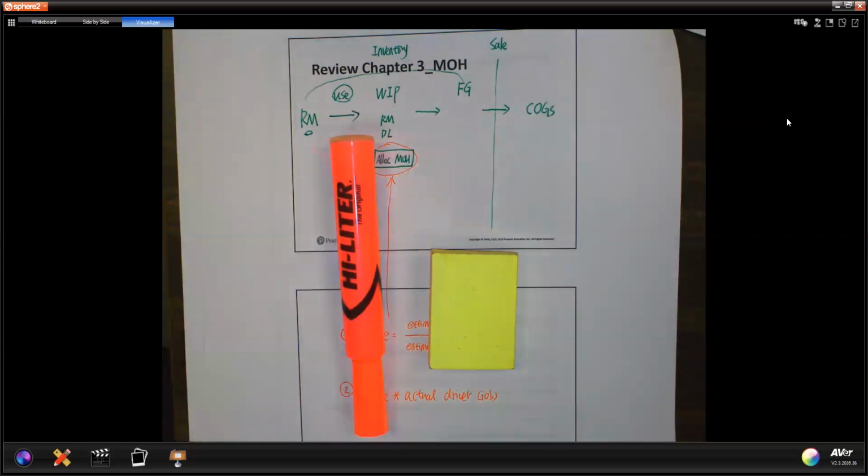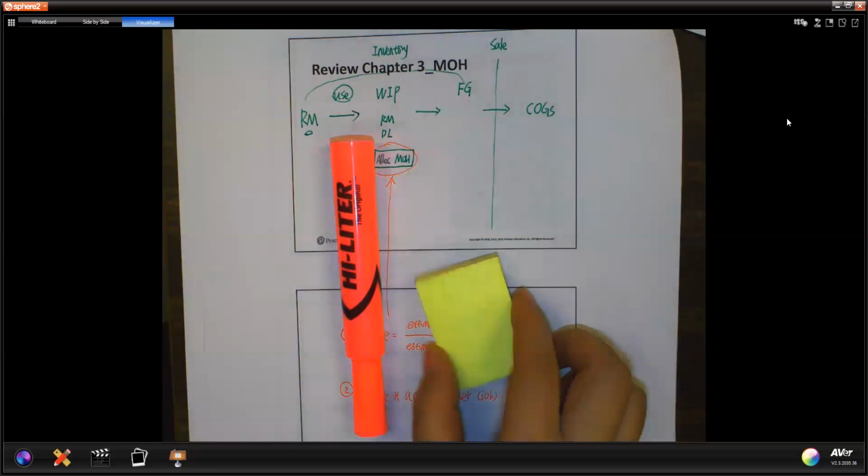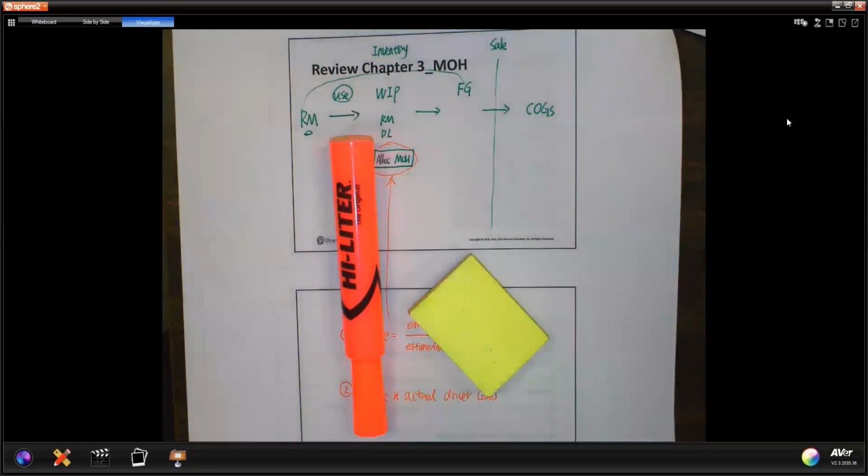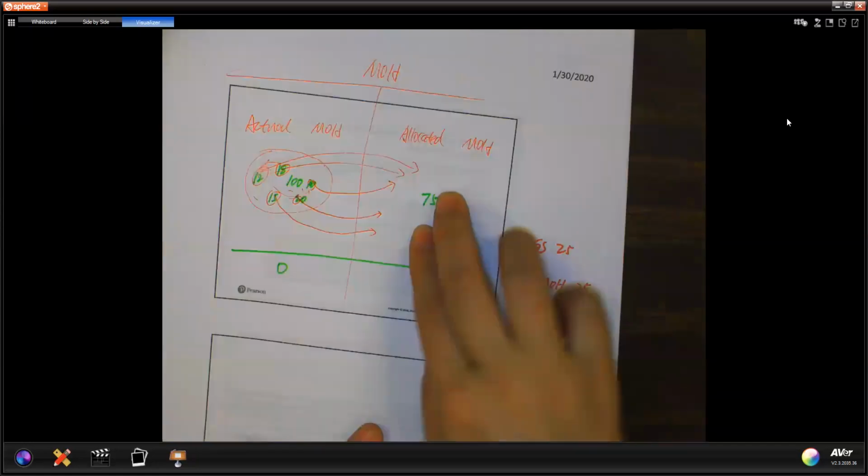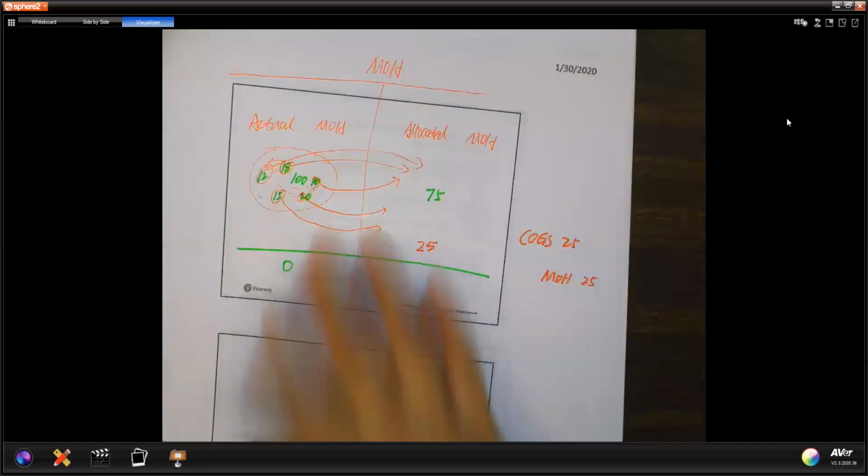For the notebook, you may have more costs related to a cutting department. So you want a more accurate rate, so your manufacturing overhead allocation will be closer to your actual.